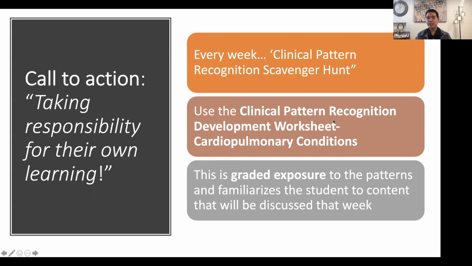So they would use these worksheets and be exposed to these patterns, because when they met with me face to face, I was going to talk through the pattern again. They still need to know that I'm the expert and I'm going to help them see how all of this comes together, but they don't come to me as a blank slate. They come to me with a lot of things already pre-populated. I just weave all of this together better with my stories and my clinical experience.